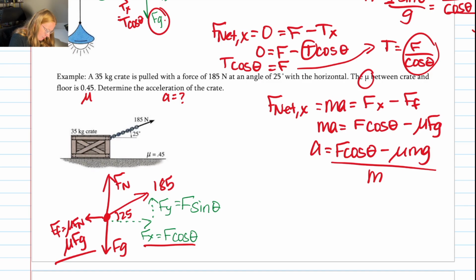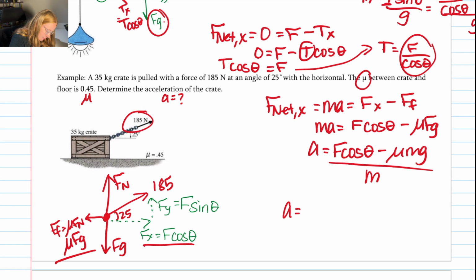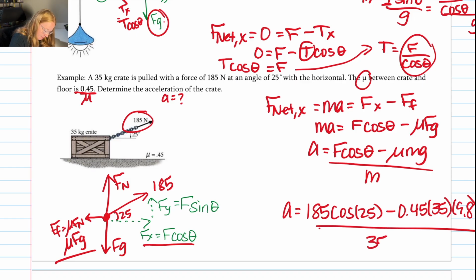And I think I have everything I need. So the force that we're pulling is 185 cosine of 25 minus, and then our mu is 0.45. Our mass of the crate was 35, 9.8, all divided by 35.